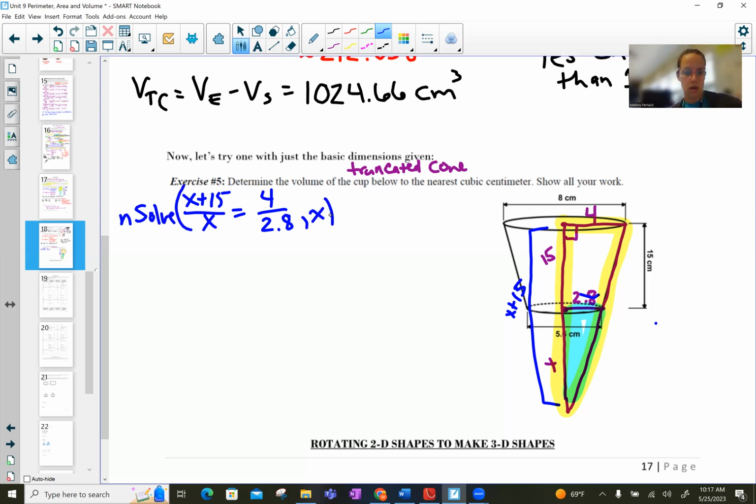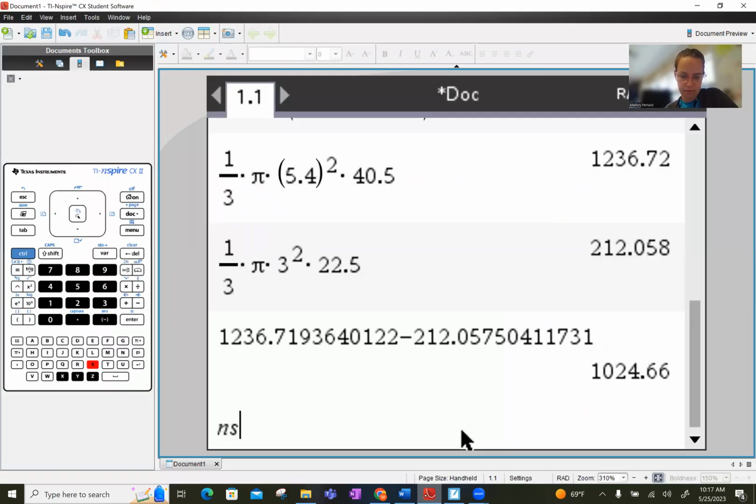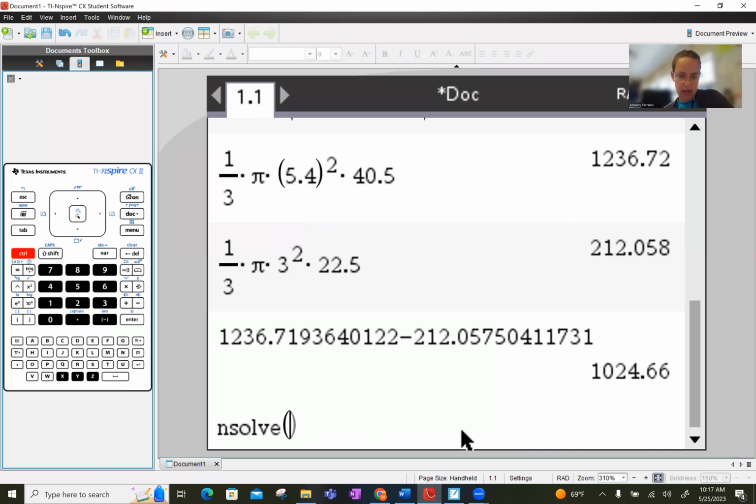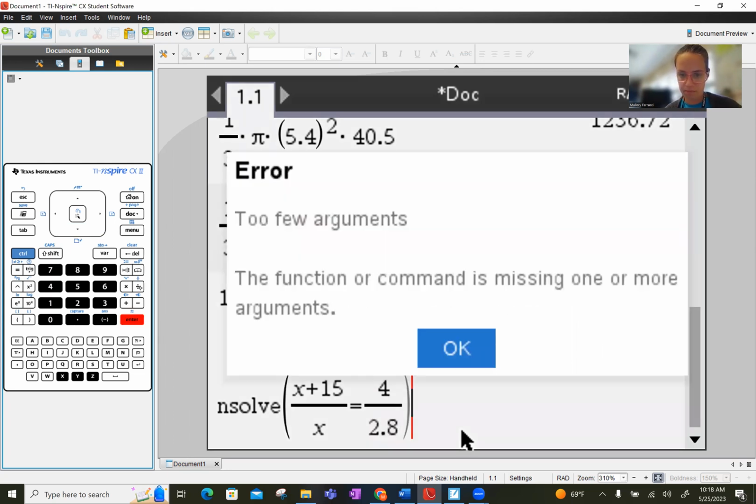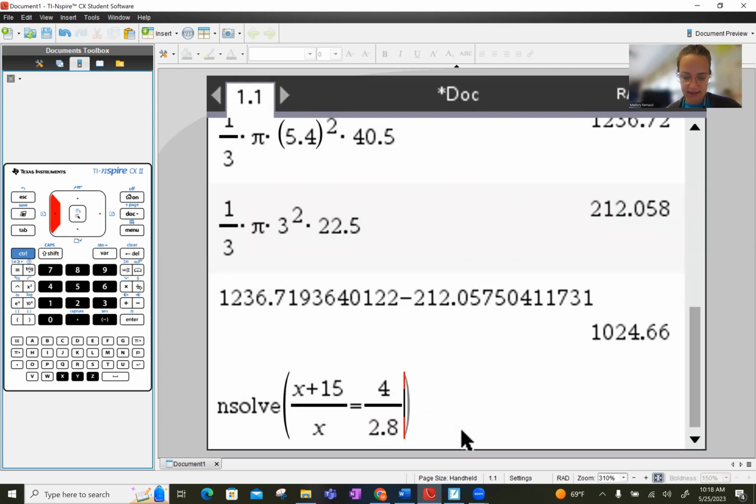Okay, so let's do that. I get x plus 15 over x equals 4 over 2.8. Oopsies, what did I forget?